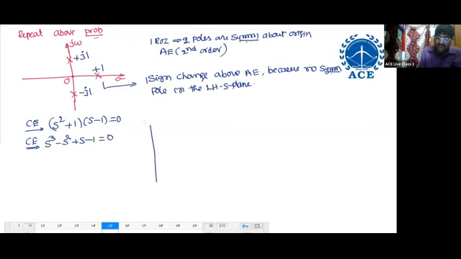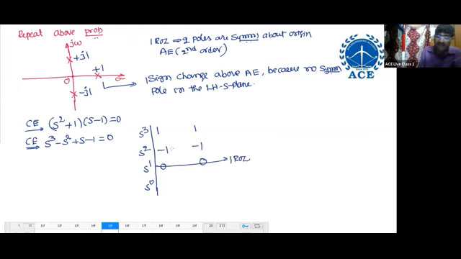Then write the Routh tabular form: s cube, s square, s power 1, s power 0. We get 1, 1, minus 1, minus 1, then minus 1 plus 1, 0, one time row of 0.